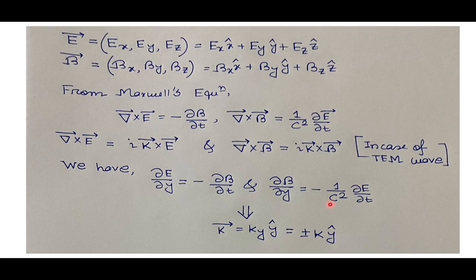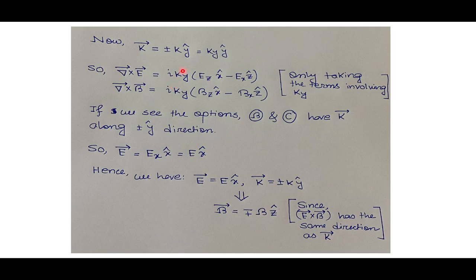You can check it because it is coming from curl cross E, and from curl cross B. If you expand the cross product, you will see both plus and minus ky will satisfy. Now curl cross E can be written like this. Why only this term?